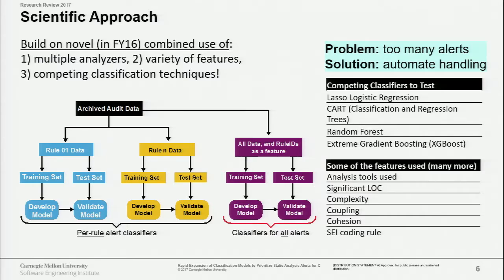One develops classifiers using all of the alerts, and another type splits out only data that's relevant to a particular coding rule or CWE or some other taxonomy item like a MISRA rule. And then we develop the classifiers using that data, and then we test a subset of that data to find how accurate those classifiers are.